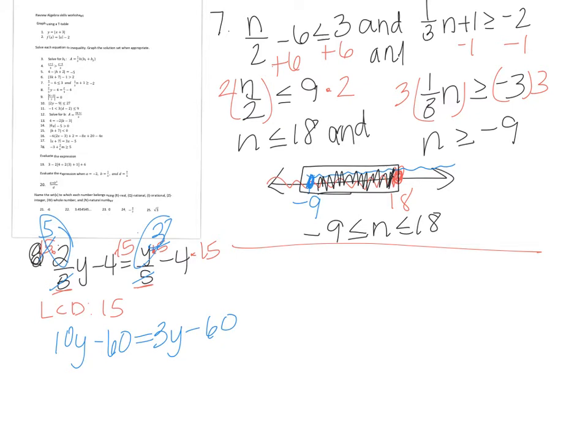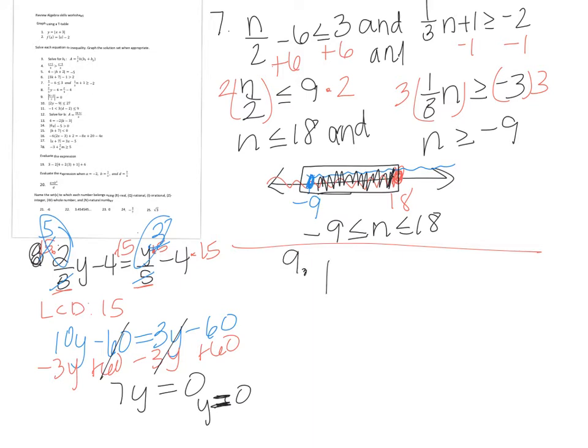So I'm going to subtract my 3y and add my 60, and I get that 7y is equal to 0, and therefore y is equal to 0, because 0 divided by anything is 0. So that's my answer.